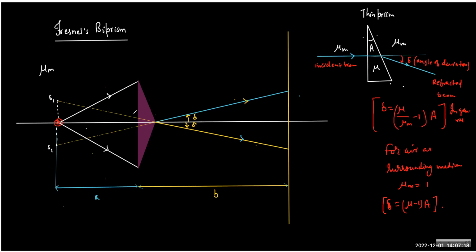Now we have taken the light ray close to the base. What will happen if we take the light ray close to the edge? It will again deviate by the same value. As a trick to draw the diagram correctly, we extend the first two lines, and exactly above the source we call points S1 and S2, and now this light ray will bend. Just join this line like this, and this line will be like this.